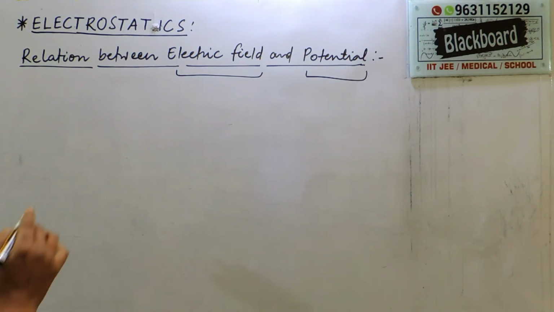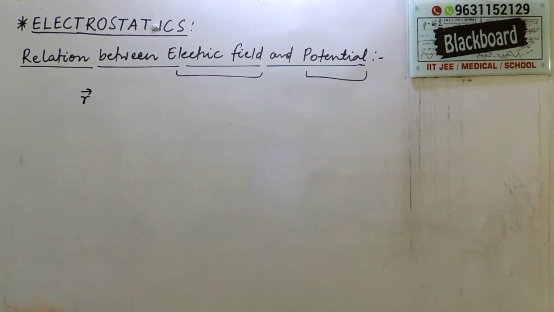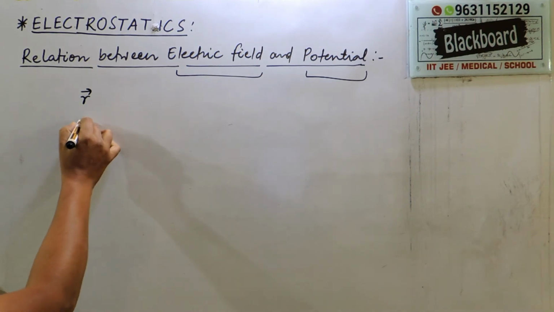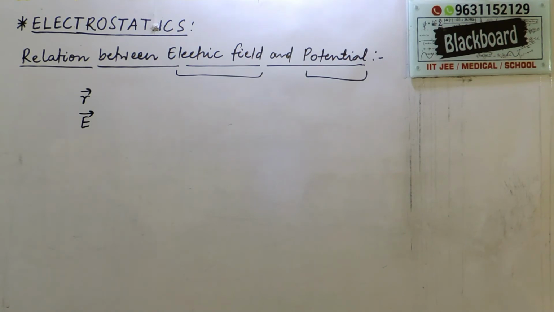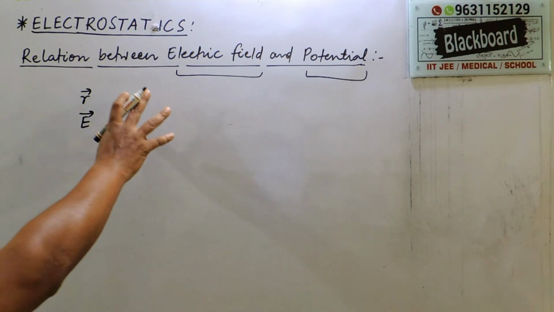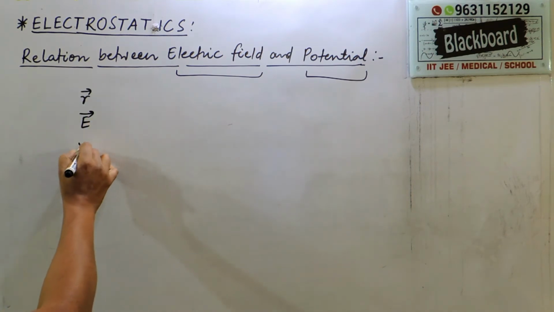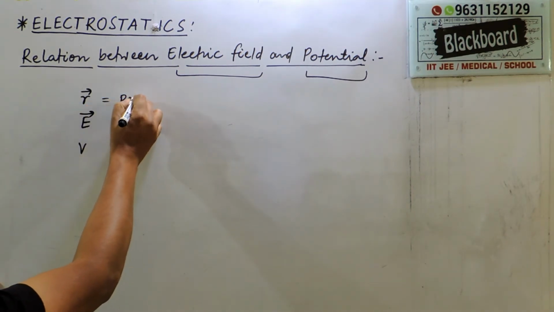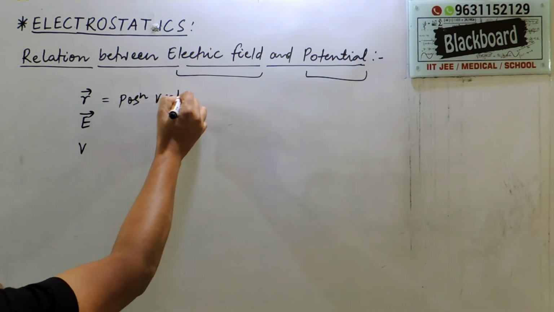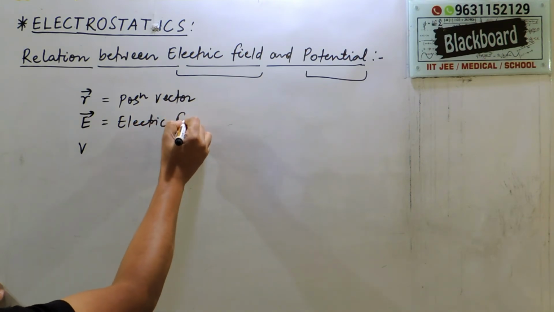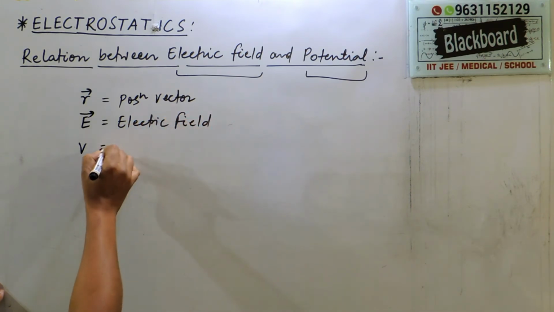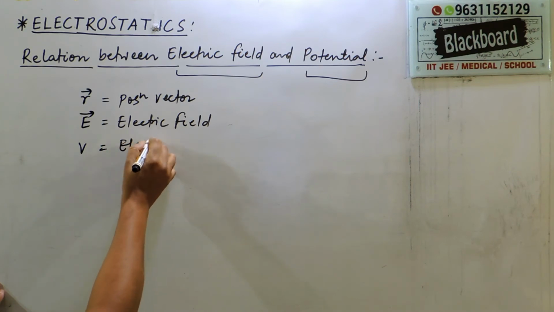Suppose the electric field at a point whose position vector is R, due to a charge distribution, is E, and the electric potential at the same point is V. Here this is the position vector, this is your electric field, and this is your electric potential.